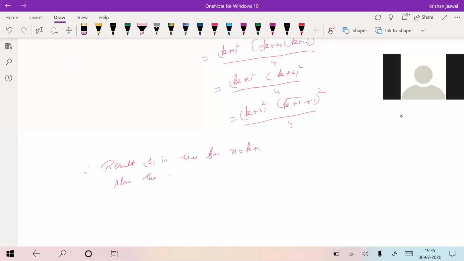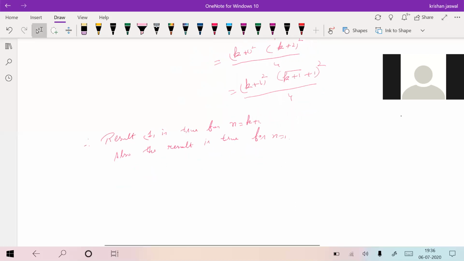Also, the result is true for n is equal to 1.